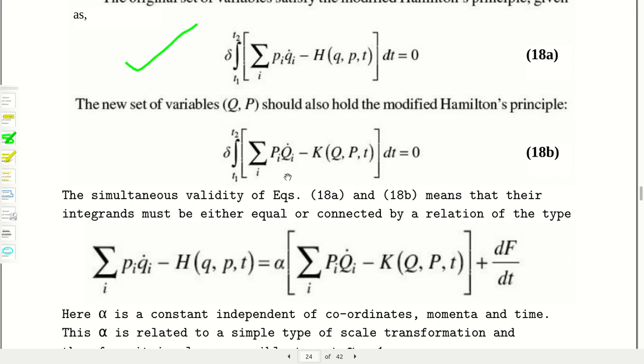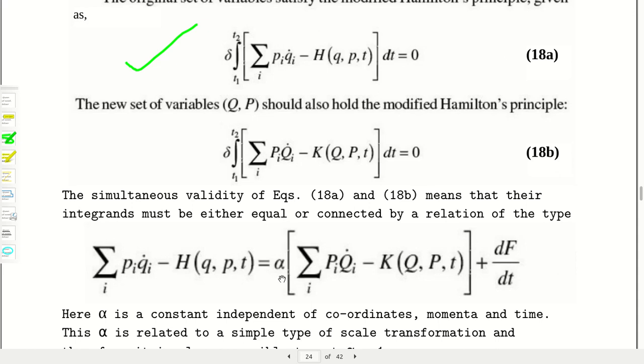Okay, you can blindly write that pi qi dot minus H is equal to Pi Qi dot minus K, but in general you can write alpha times the product of Pi Qi dot minus K, where alpha is any number, because if you multiply by alpha, that is a constant, on both sides of equation 18b, that doesn't make any difference to this equation, because the right hand side will be 0 again.